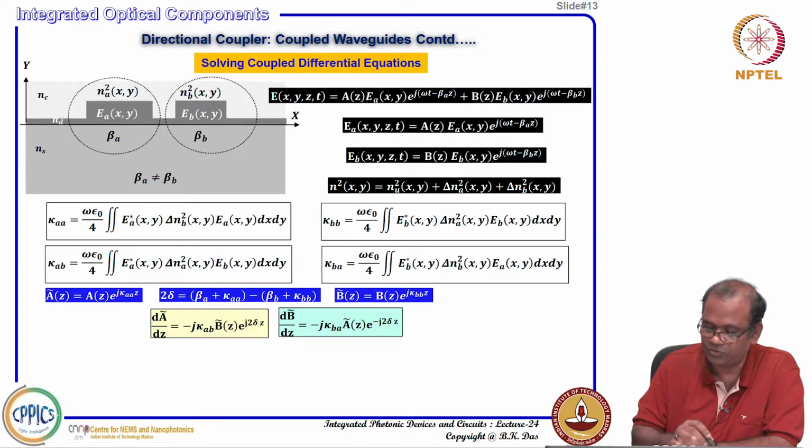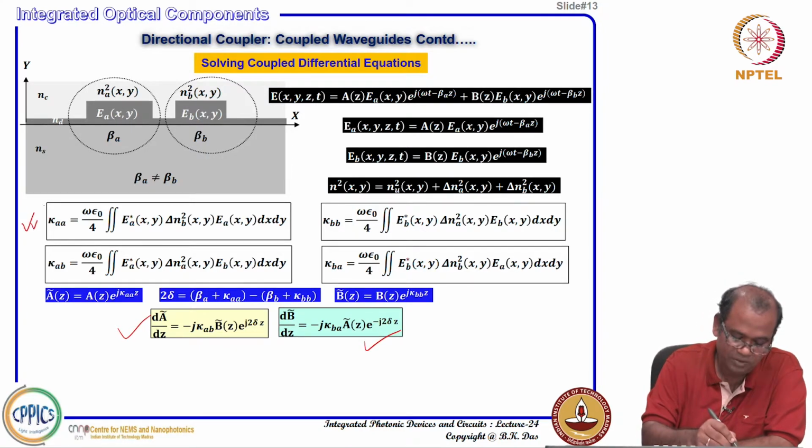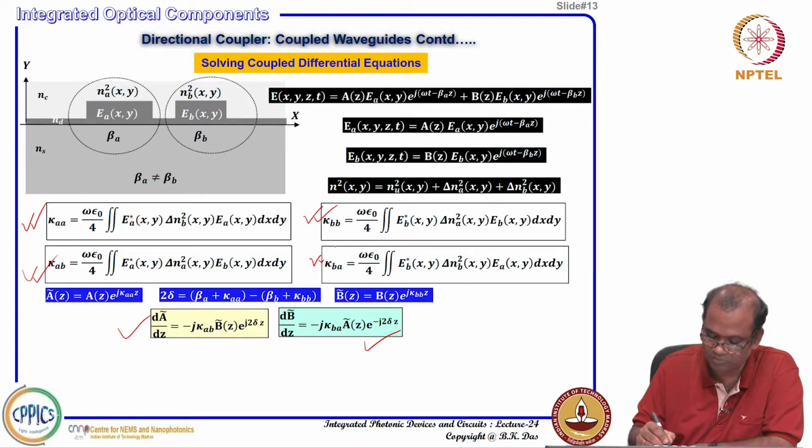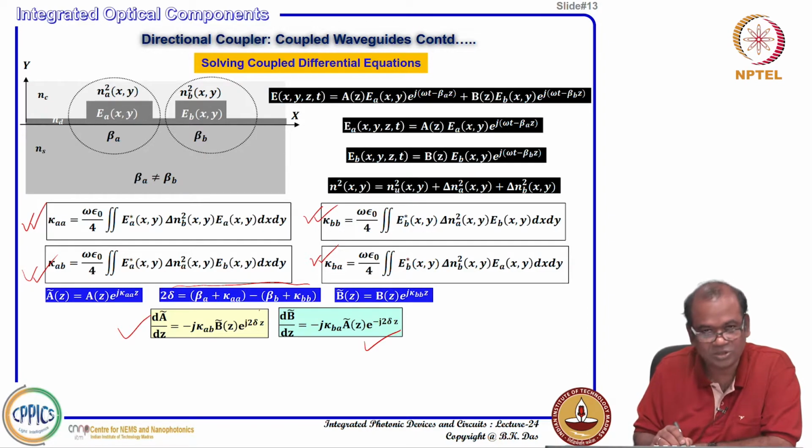I have just summarized whatever important things we need so far. We need these two things for solutions, and we have to always keep in mind what is kappa AA, what is kappa AB, what is kappa BB, and what is kappa BA, and what are the parameters we have used. This we can consider some kind of phase mismatch.